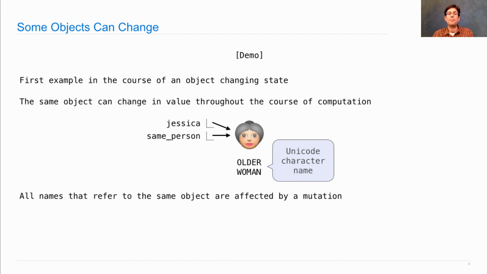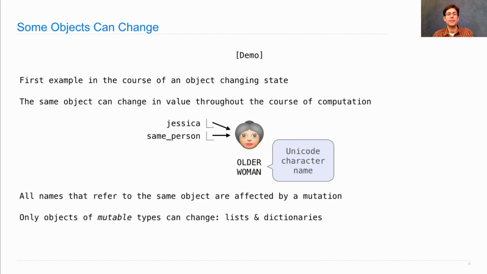Okay, so all names that refer to an object are affected by a mutation. Now, becoming an older woman isn't necessarily called a mutation out there in the real world, but in computer science, mutation is a word that's used whenever there's a change to an object.